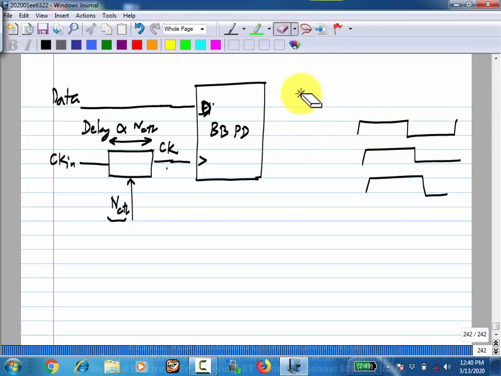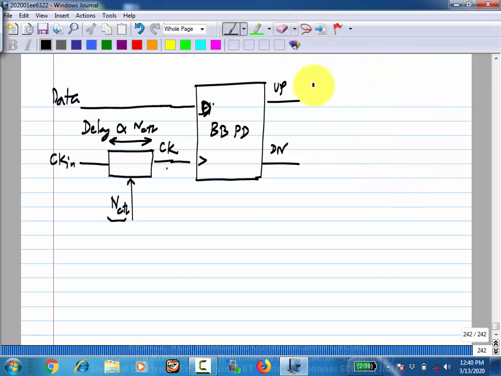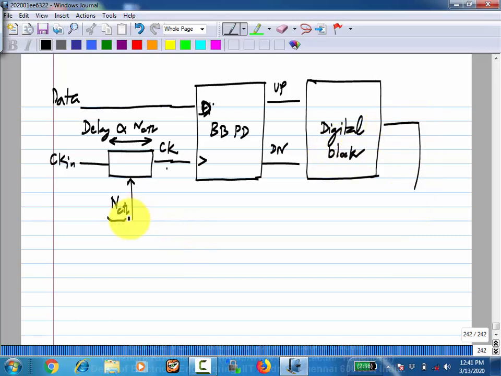And from this you will get up and down signals. Now you interpret these as some digital signals, right? Either up is 1 or down is 1. And then you have some digital block which gives you this N control, right? Is this fine?